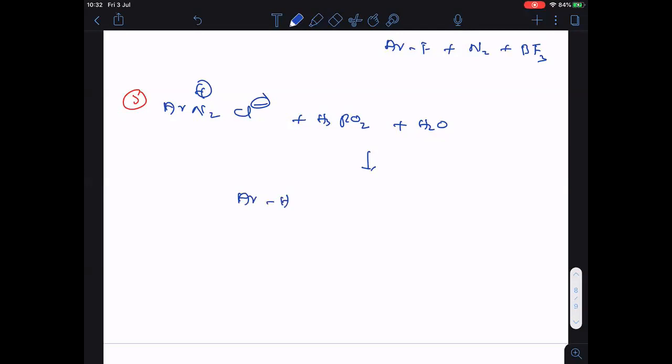Benzene plus H3PO3, phosphorus acid, plus nitrogen plus HCl. Hope you are able to understand this one.